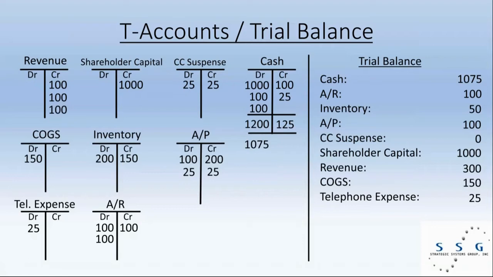Every so often, you'll see people take the trial balance and use it to create the financial statements. You don't see it too much these days because computers do a pretty good job of creating financial statements from the trial balance. But often, someone will just take an Excel spreadsheet of the trial balance and plop it into a P&L and balance sheet, and that's what they do every month.